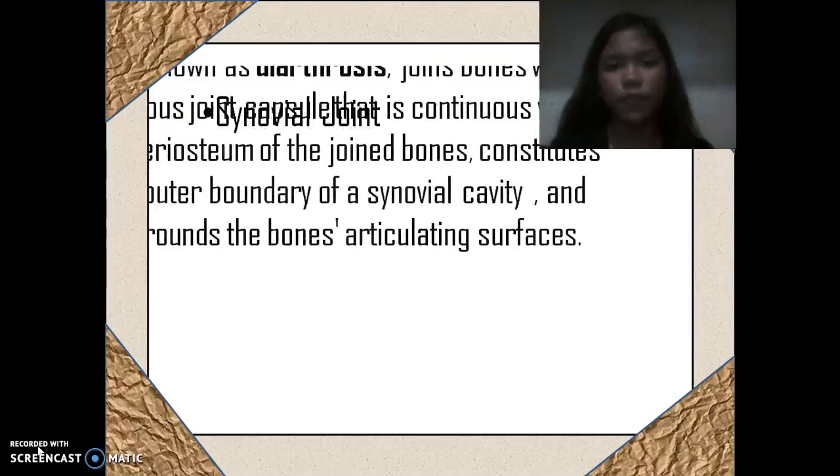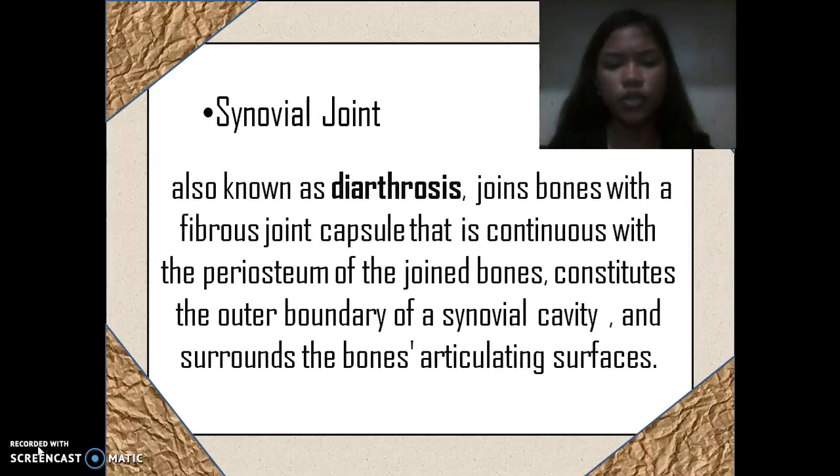Synovial joint. Synovial joint is also known as diarthrosis. Joint bones with a fibrous joint capsule that is continuous with the periosteum of the joined bones constitutes the outer boundary of a synovial cavity and surrounds the bones' articulating surfaces.